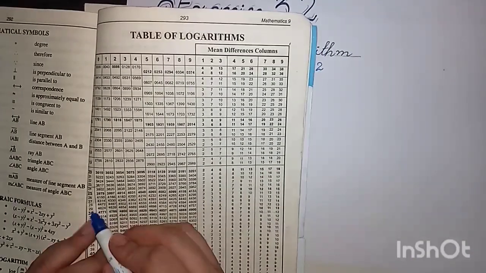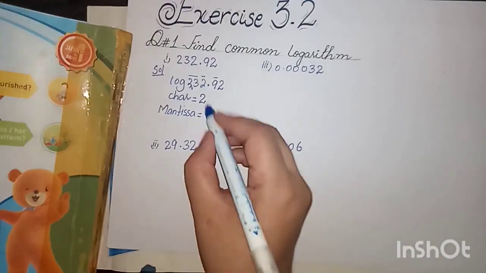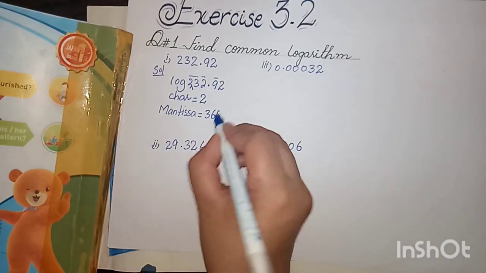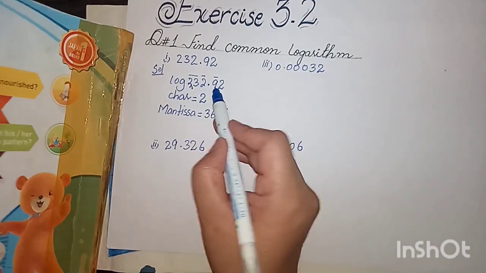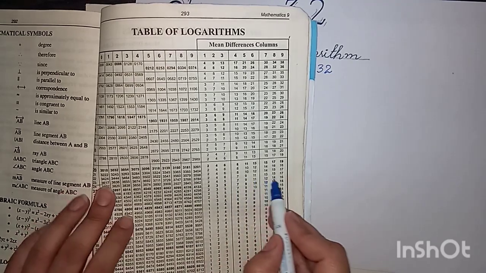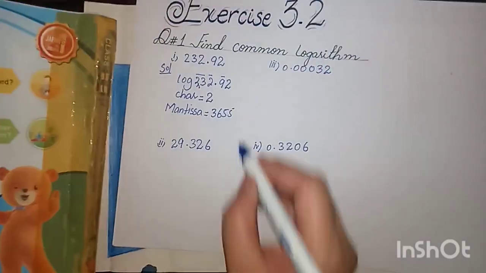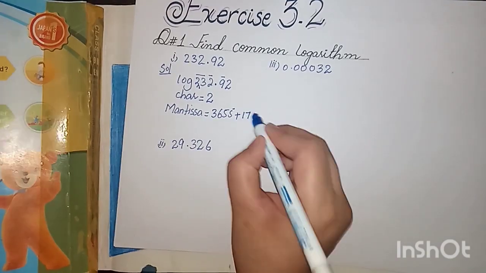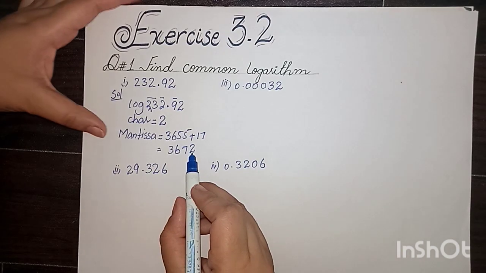This is equal to 3655. Now after this I will check in column 9. This is 23 and this is 9, which is equal to 17. So I will add these two numbers. This is the value of the mantissa.